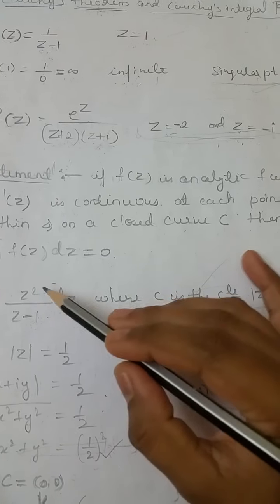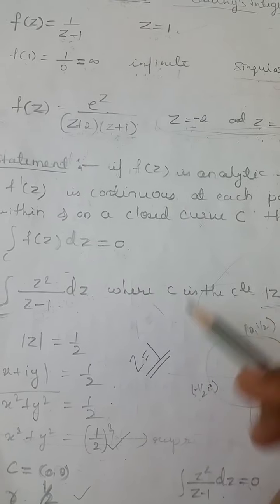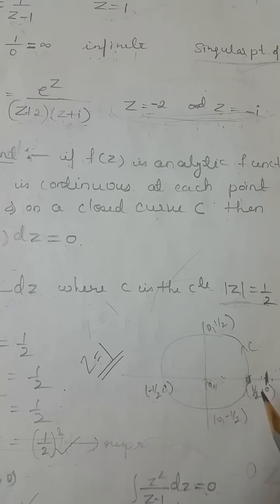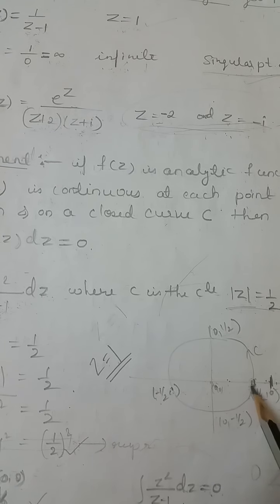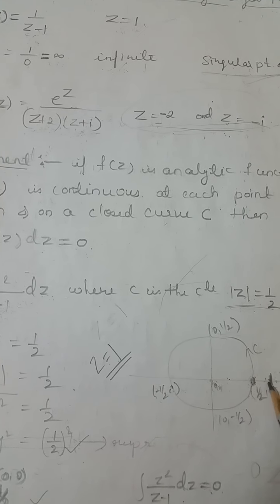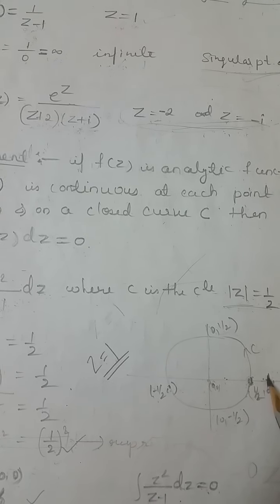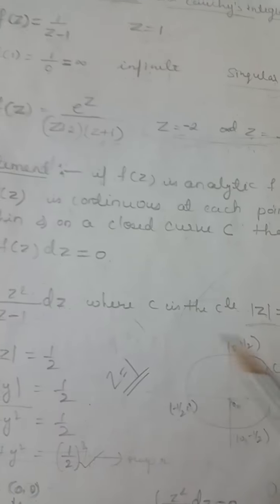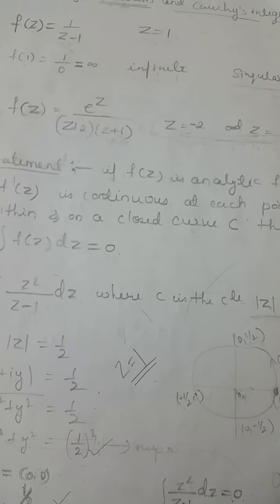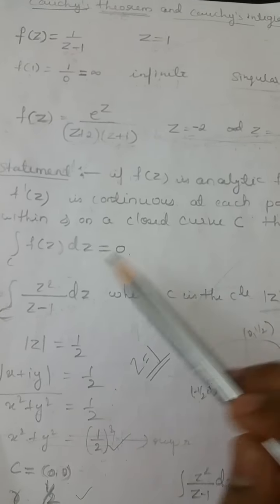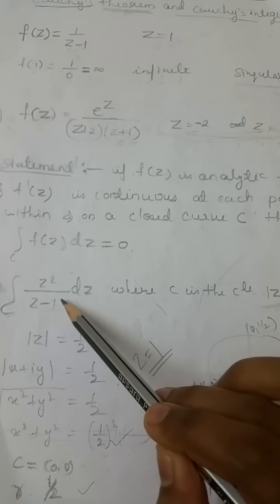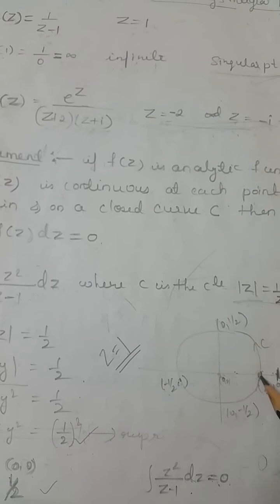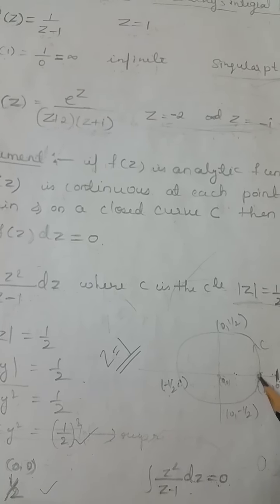Now this function is not analytic at z = 1. Why? Because z = 1 lies outside the circle. You can see here half is this point and 1 is somewhere here, outside the circle. Therefore the function is not analytic at z = 1. But this function is analytic within and on the closed circle, right?